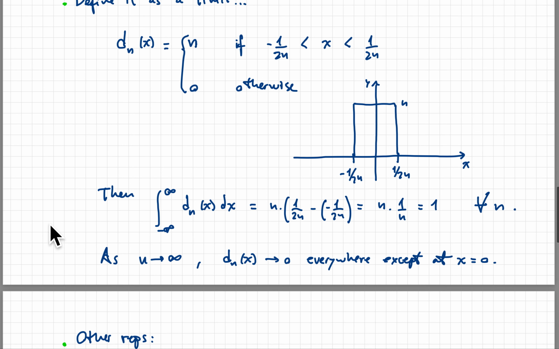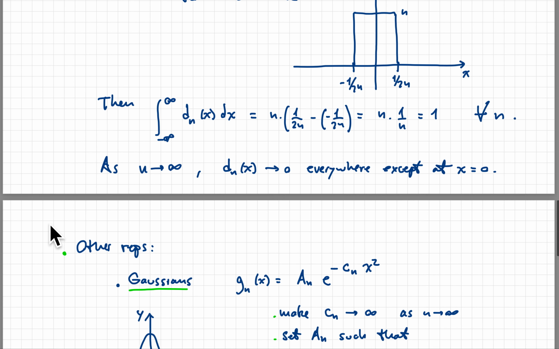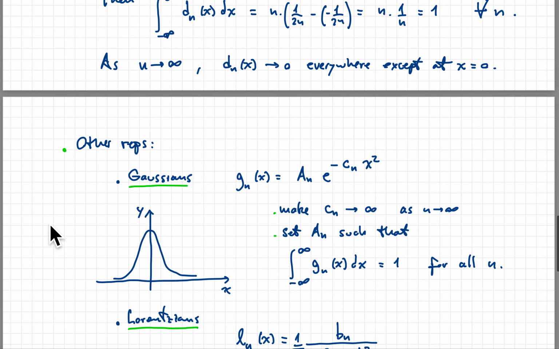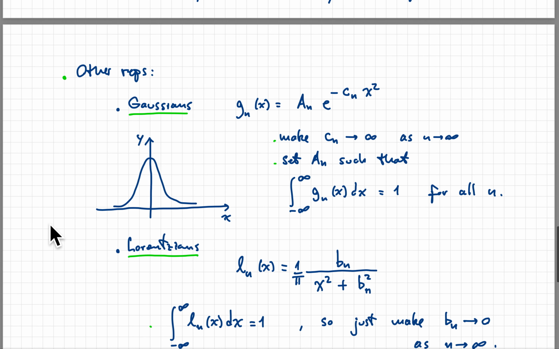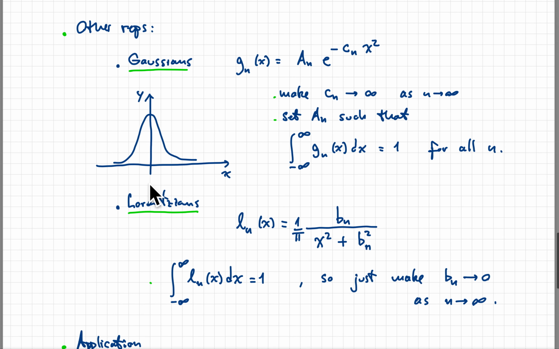And so that's one way to think about the Dirac delta, as a limit of a sequence of functions. Other representations with the same philosophy, the same idea, could be given in terms of Gaussians or Lorentzians, which roughly both have the same shape. They have a hump here in the middle and they go to 0 again. Of course, they do so at different rates. Gaussians and Lorentzians are different, but roughly speaking the picture is something like this.